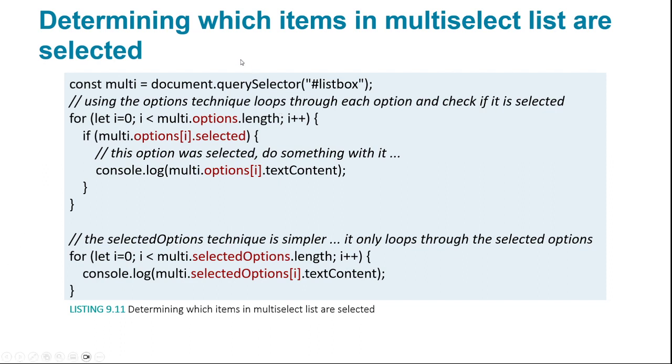Alright. So, that was an example of an empty field validation. This is an example of checking what is selected for a multi-select. Multi-selects are things like checkboxes, and then there's some drop downs where you can select multiple.